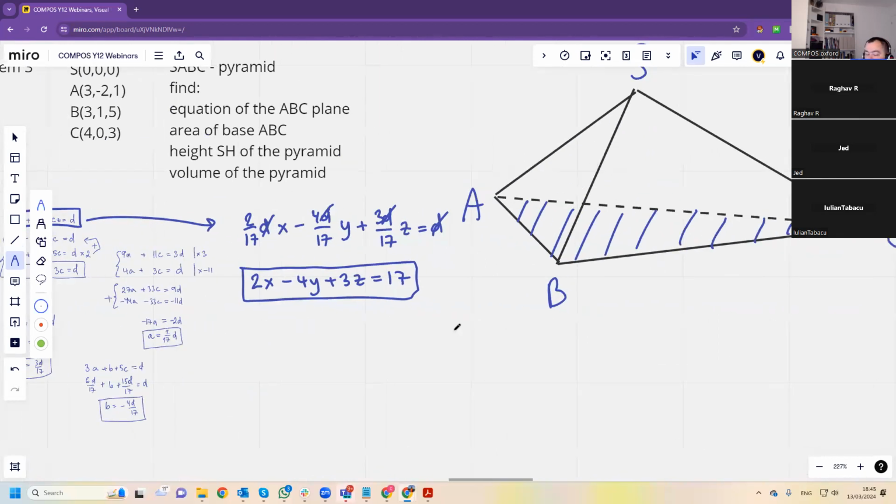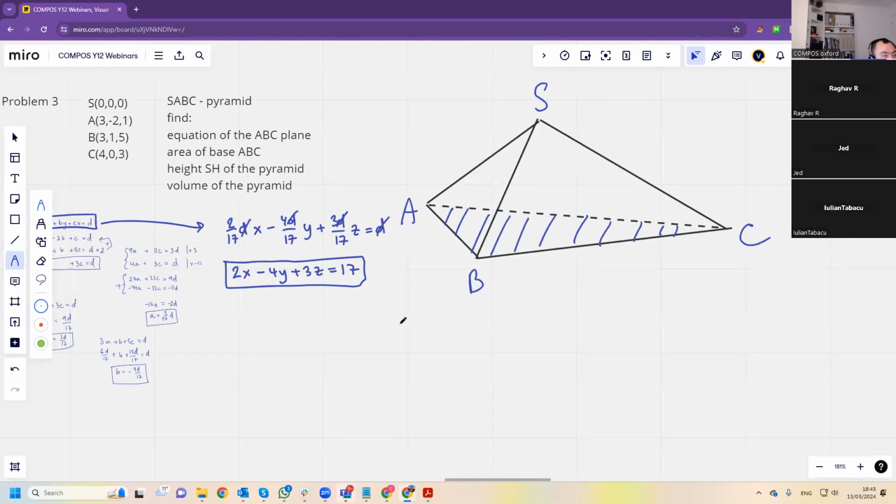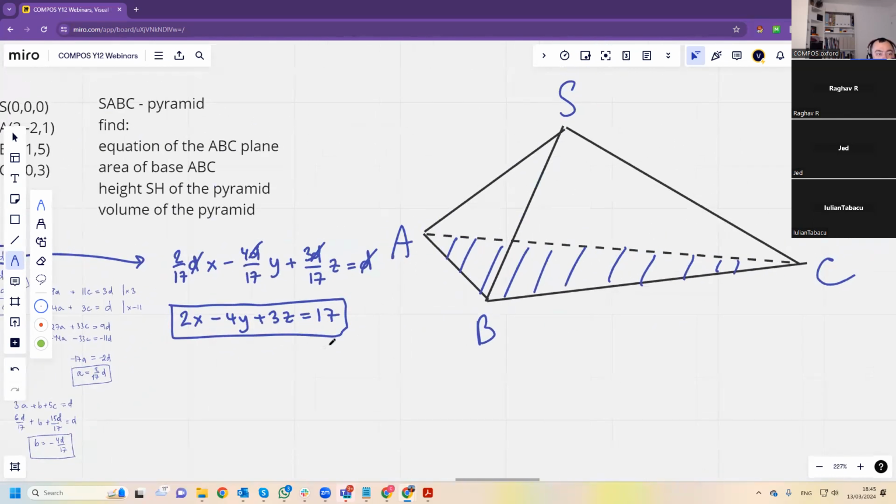Now, we need to find the height of the pyramid. Height of the pyramid is the distance between point S and the plane.